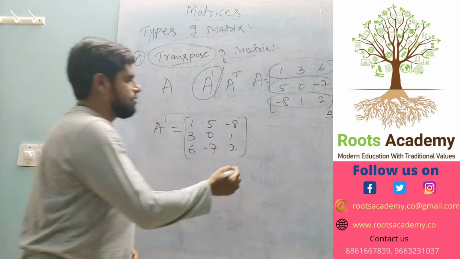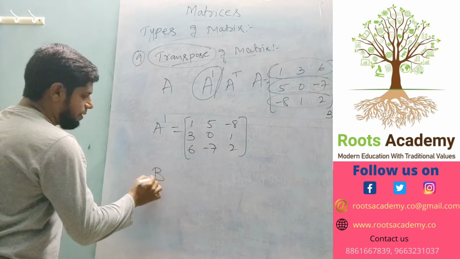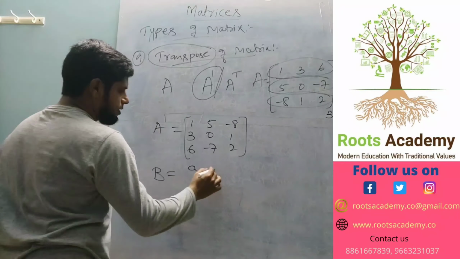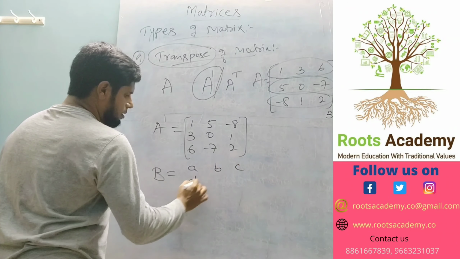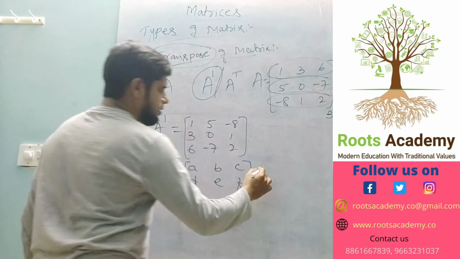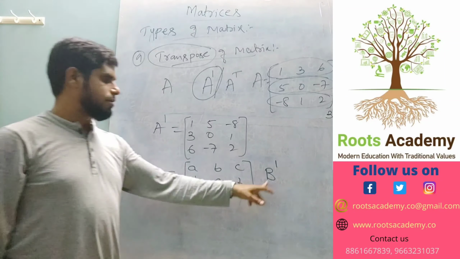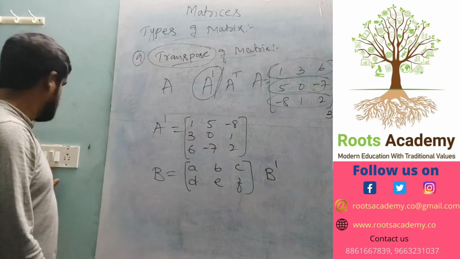It can be anything. Another example, if I have a B matrix like this, A, B, C, D, E, F, then its transpose is represented like this, B dash.